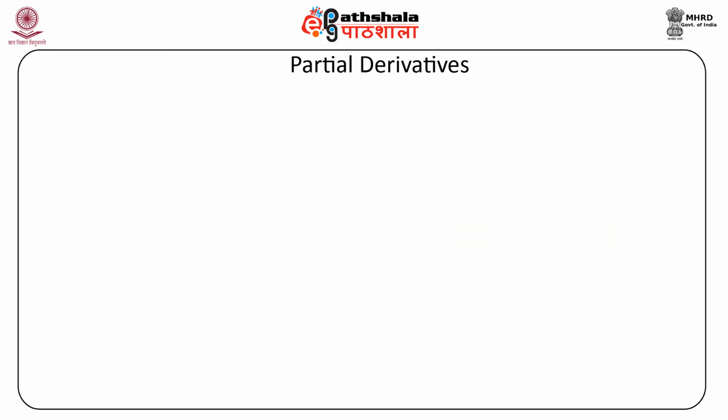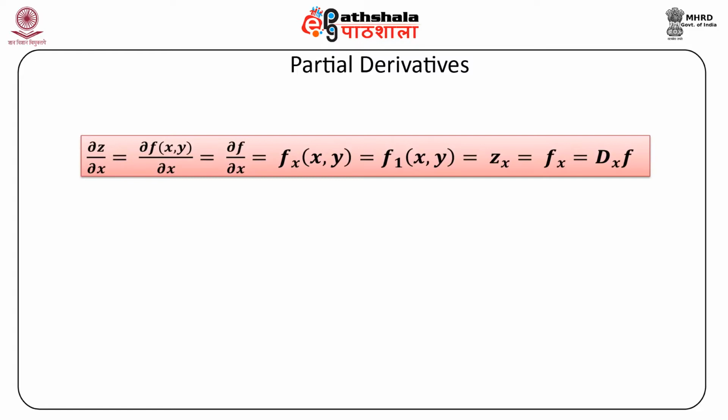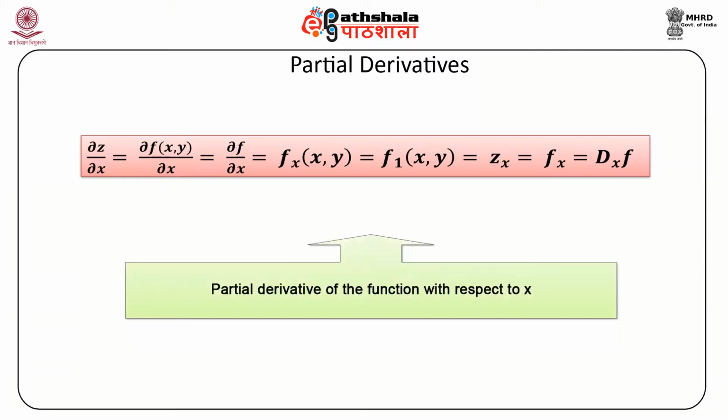The following notations are commonly used. Delta z by delta x is equal to delta f of x comma y upon delta x, equal to delta f upon delta x, equal to f x of x comma y, equal to f 1 of x comma y, equal to z x, equal to f x, equal to d x of f, to represent the partial derivative of the function with respect to x.